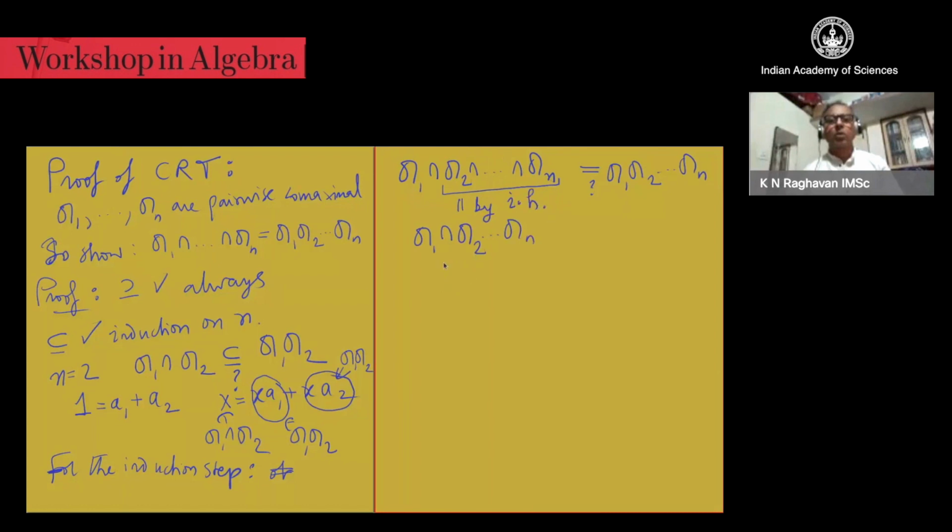And then, if I can show that A1 and this product are co-maximal, then I can apply the N equals 2 case and get this, provided A1 and the intersection of A2 through AN are co-maximal.